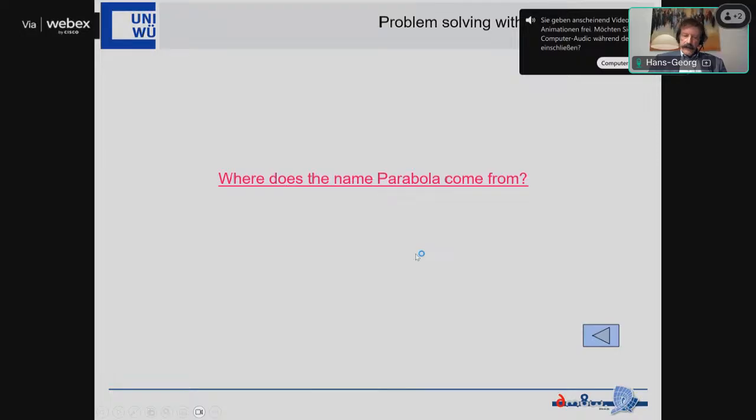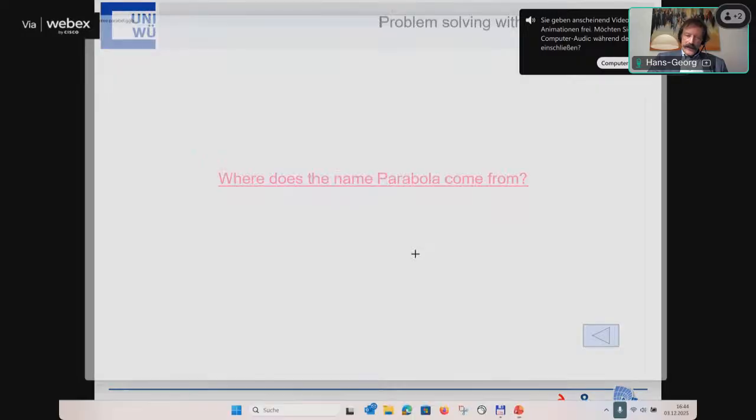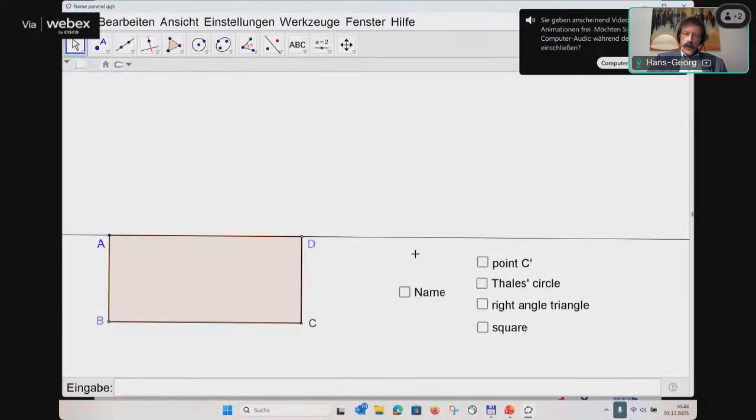The name comes from this: if you do a construction, and you want to have a square which has the same content, the same area as this rectangle. Here's a rectangle, and you want a square with the same area.